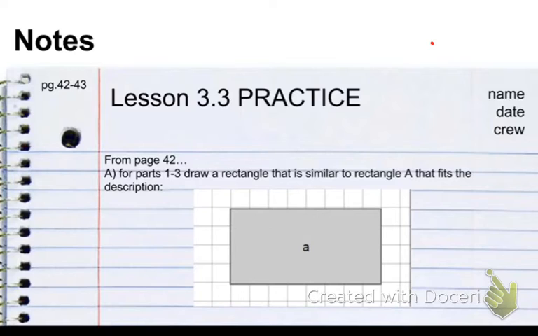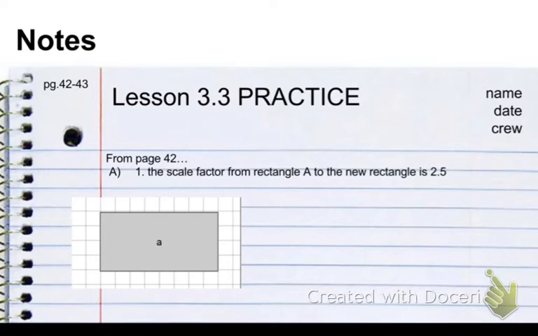Well, they're going to give us 3 different descriptions. And rectangle A is 4 high and 8 wide. How about that? For our first one, we want the scale factor from rectangle A to the new rectangle to be 2.5. So, how big will this be?